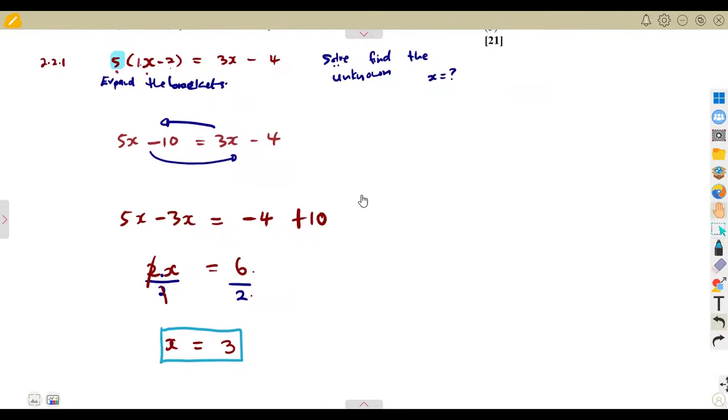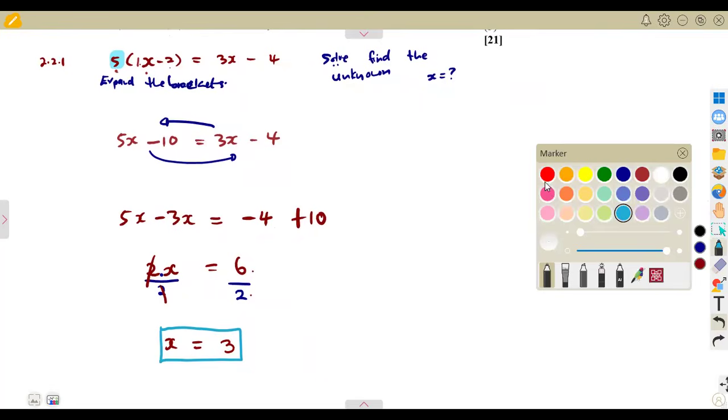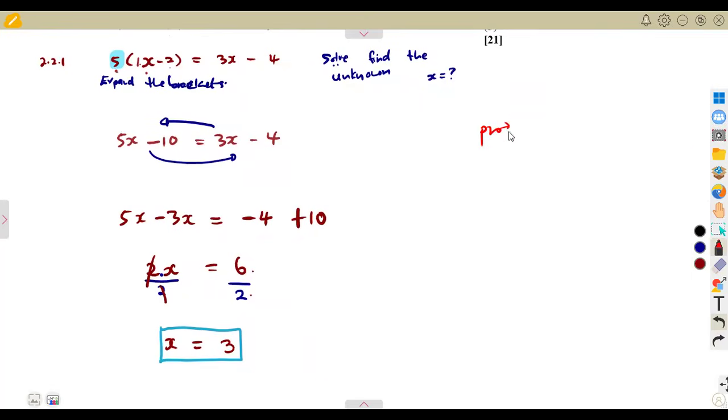So what does it mean? If I take this value of x and try to prove this, the left-hand side must be equal to the right-hand side. So this is 5 into our x. Remember, we solved that x is 3, so this is going to be 3 minus 2.